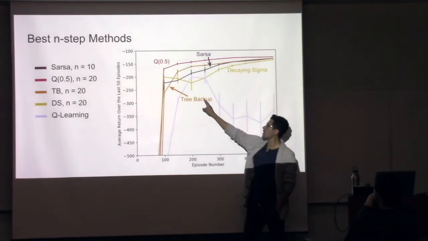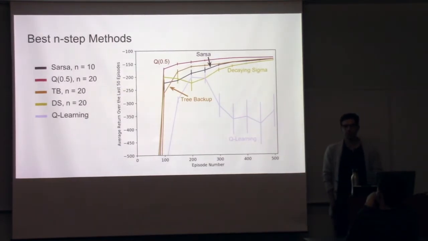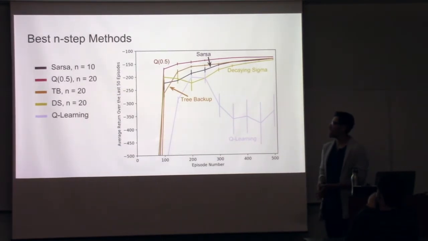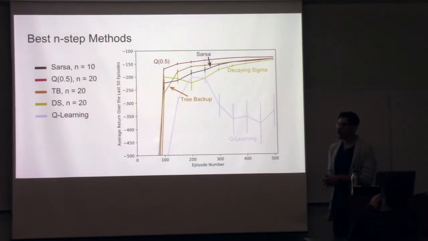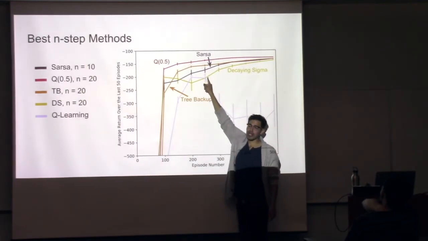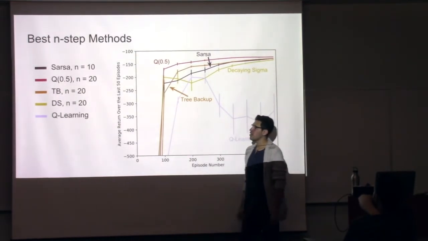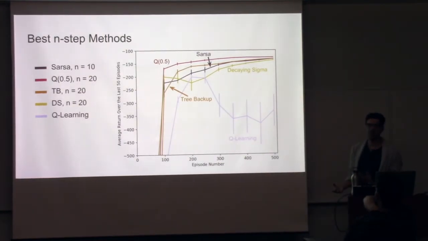In this case right here, I also believe that there's probably a lot of variance in how agents behave. As a comparison, here in Q sigma 0.5, the error bars are really, really small. Even here at the very beginning of learning, the error bars are pretty small. That means that the agents are behaving about the same in every run.